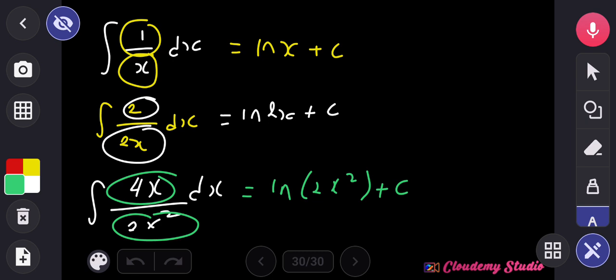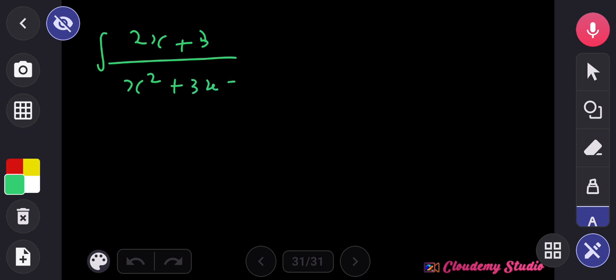Now, let us take an example. You're asked to integrate 2x plus 3 divided by x squared plus 3x minus 5 dx. How are you going to do that? Very easy. What I told you: differentiate your denominator.